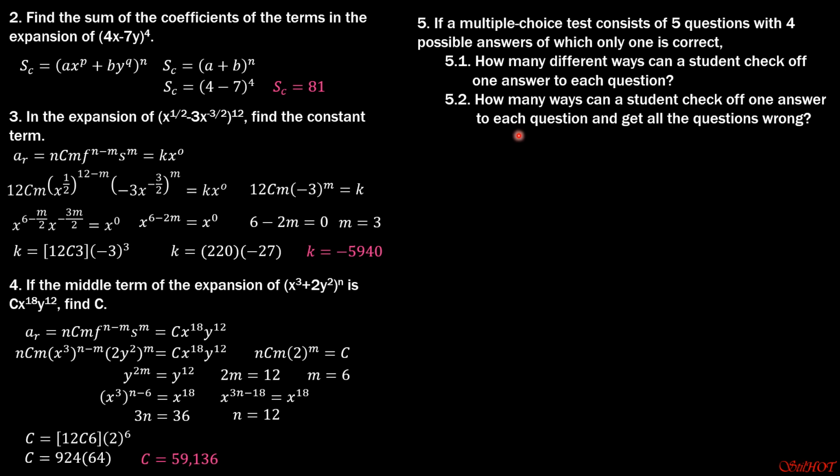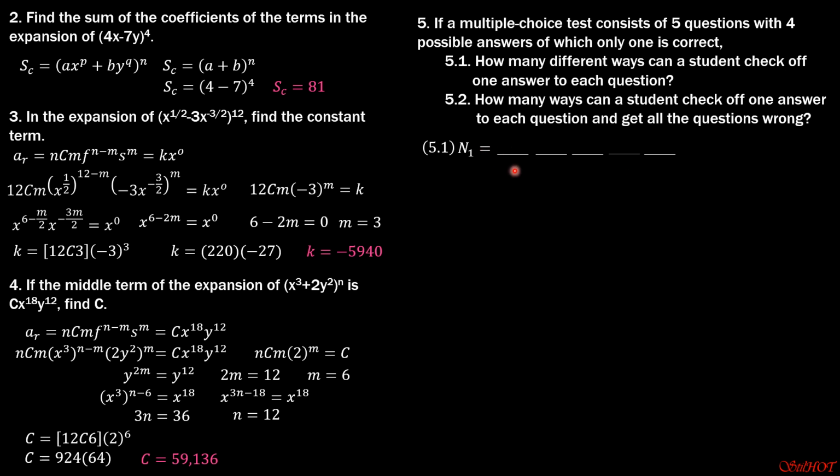Wrong answers, in other words. So for 5.1, we use the horizontal bar method here. So n1 equals, we draw 5 blank bars for the 5 questions. In each question, there are 4 choices.